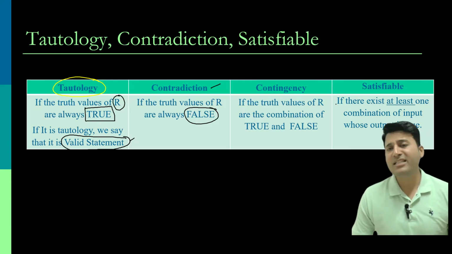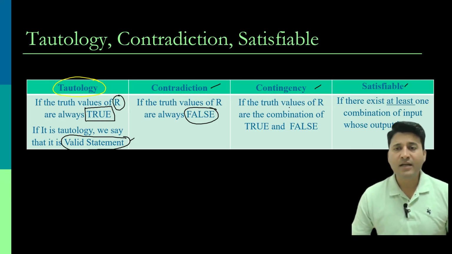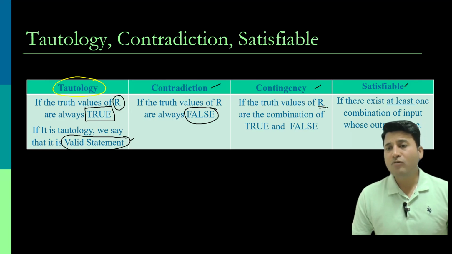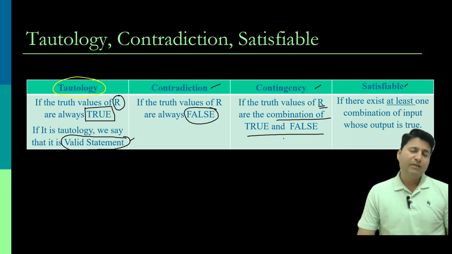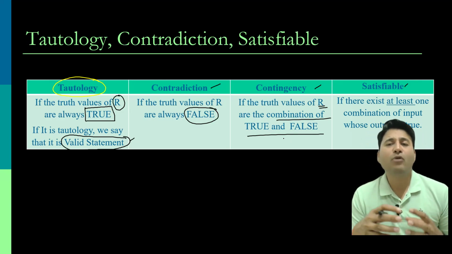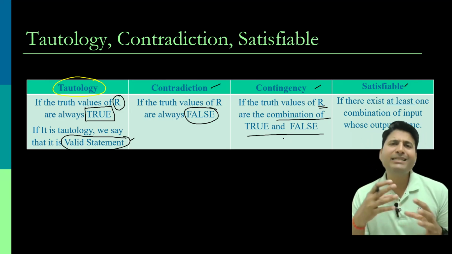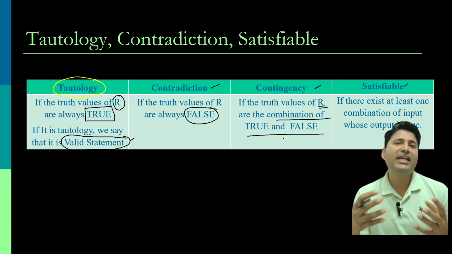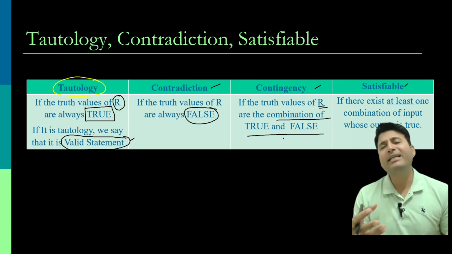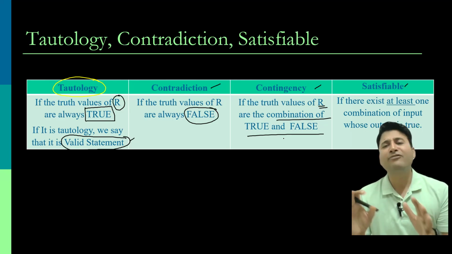Now, two more extensions are there for these terms, which are contingency and satisfiable. If the truth values of the compound proposition are a combination of true and false, few of them true, few of them false, even though there is no specific quantification of how many are T and how many are F, it is simply written that it is a combination of T and F. That means there may be one T and the rest F, 2T and the rest F, 1F and the rest T, meaning at least 1T and 1F.